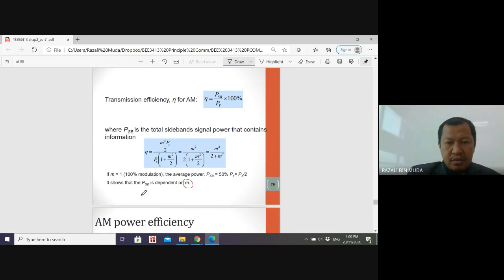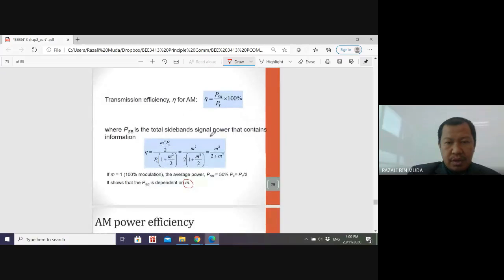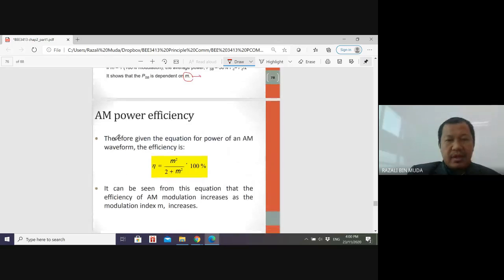From this equation, we know that the PSB, power at the sideband, depends on the modulation index. Therefore, given the equation of power of an AM waveform, the efficiency is m square over 2 plus m square multiplied by 100%.